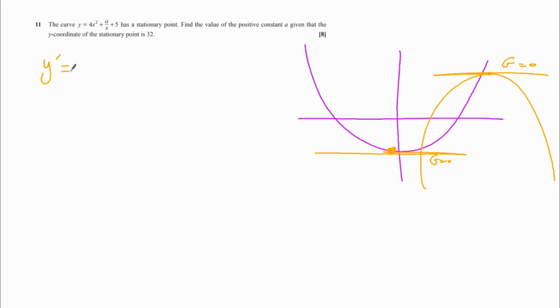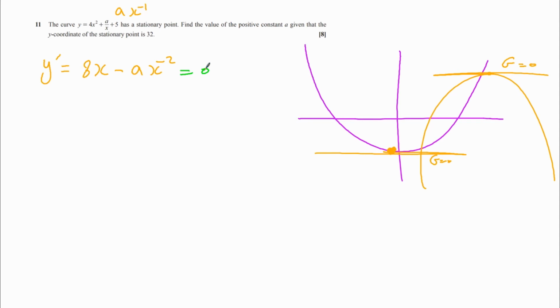If I differentiate, 4x squared gives 8x. And a over x is a x to the power of minus 1, so that gives minus a x to the power of minus 2. To find a stationary point, we equate that to 0.